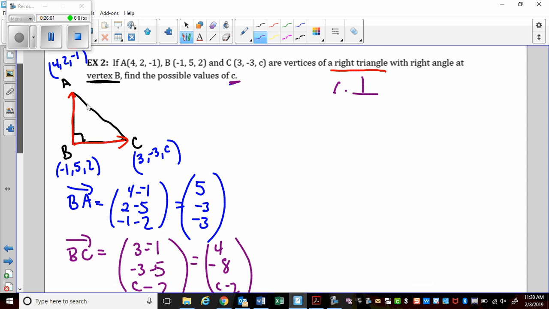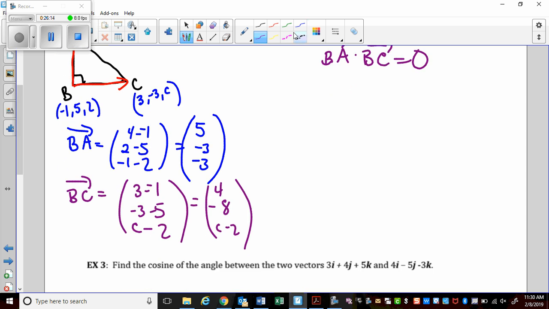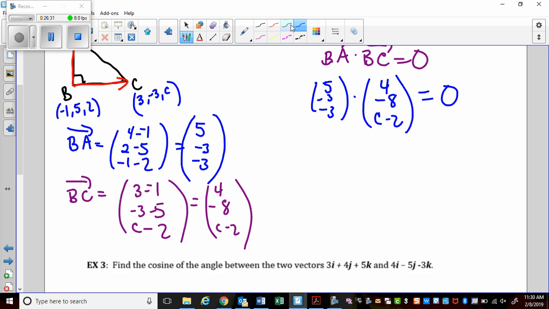That's what we want when we have something that's perpendicular. This is when the dot product of BA dot BC equals 0. So BA, which is 5, negative 3, negative 3, dot BC, which is 4, negative 8, and C minus 2, has to equal 0.